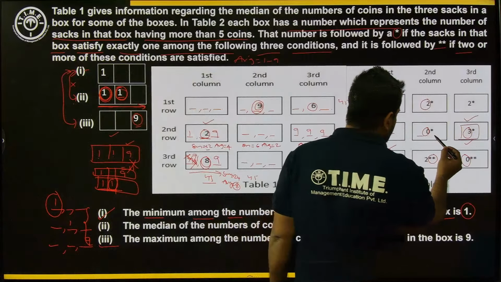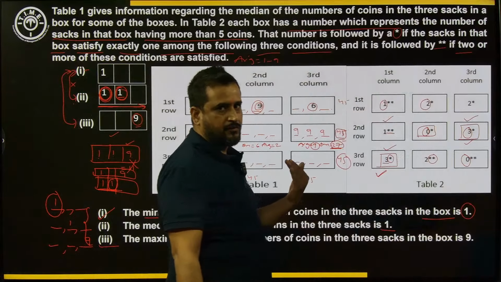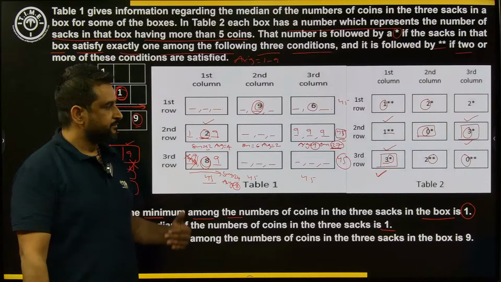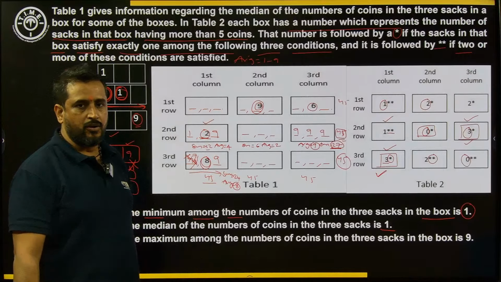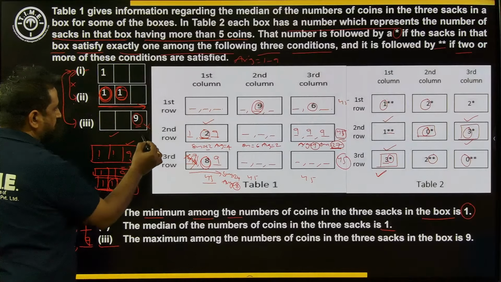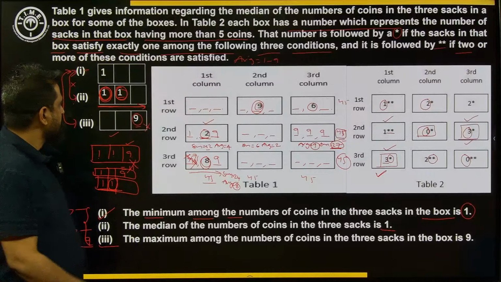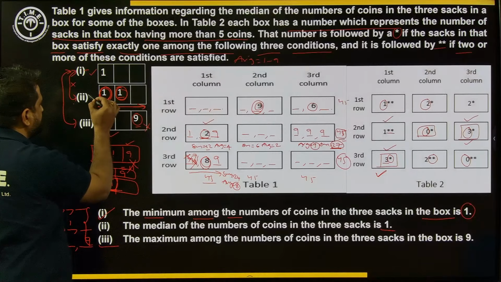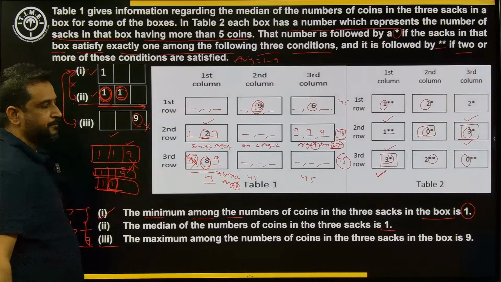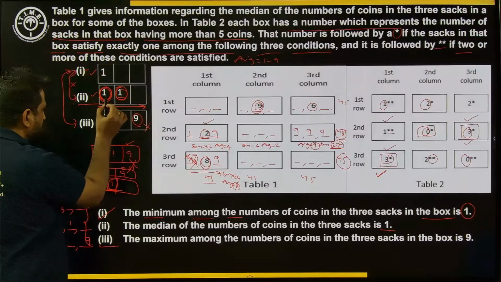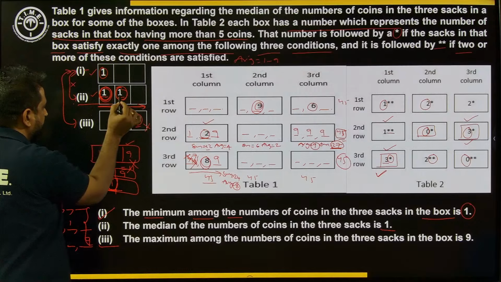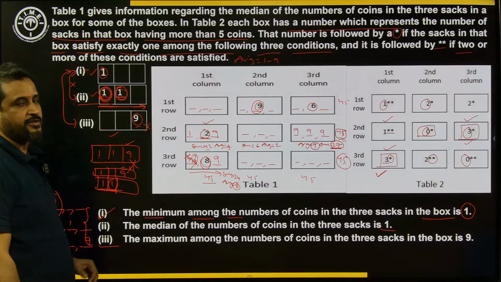It is 0 star. What does 0 star mean? All the numbers should be less than or equal to 5, and it has to satisfy only one condition, which means that number should definitely not be 9. So it has to satisfy either this condition or this condition. But if I take this condition, it is a very big problem, because it would satisfy the first condition, being the minimum number, and also the median number being 1, which is not possible.